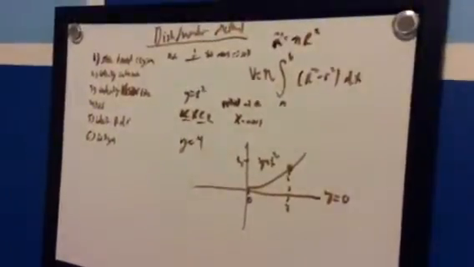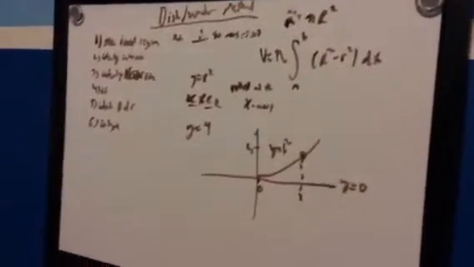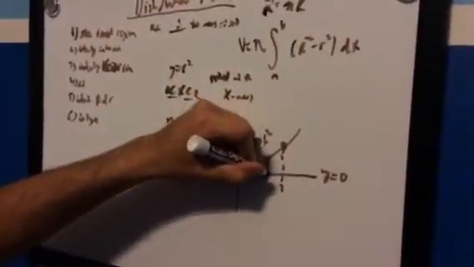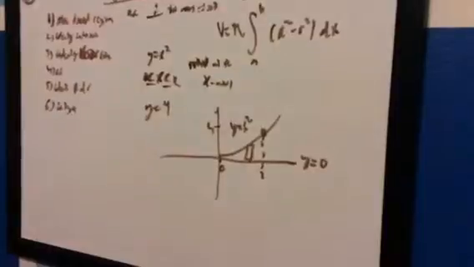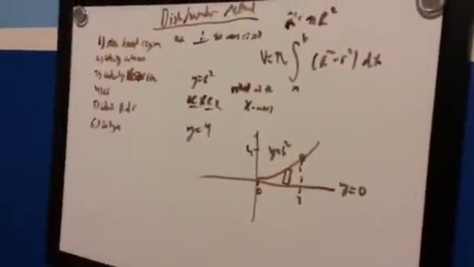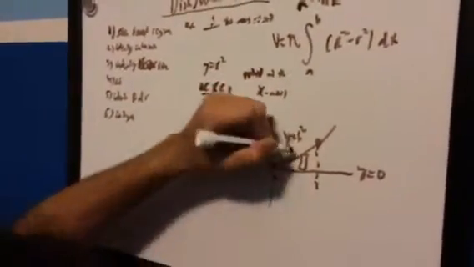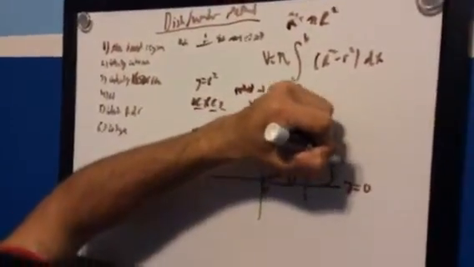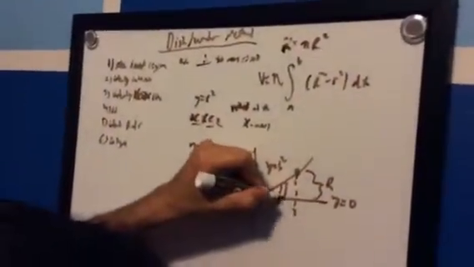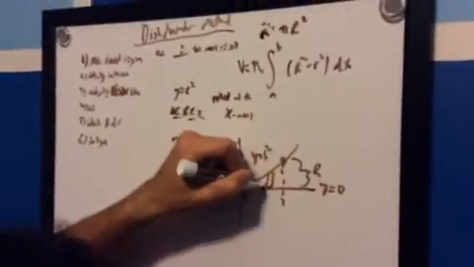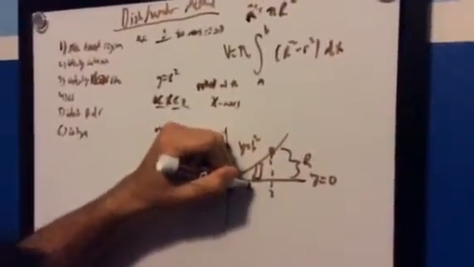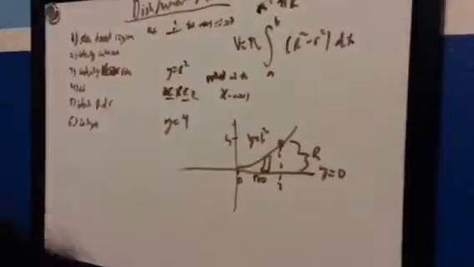So since we're rotating around the x-axis and we're a disk, we're going to draw this representative rectangle perpendicular to the axis of rotation. The distance from the top function, y equals x squared, to the axis of rotation, we're going to call big R. And the height from the lower part of our representative rectangle to the axis of rotation is going to be little r, which in this example is going to be 0.